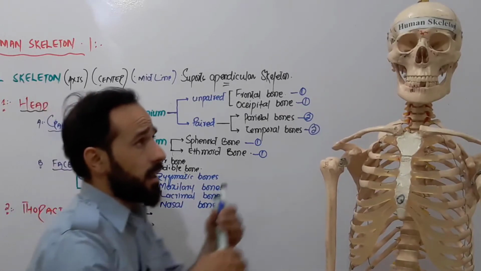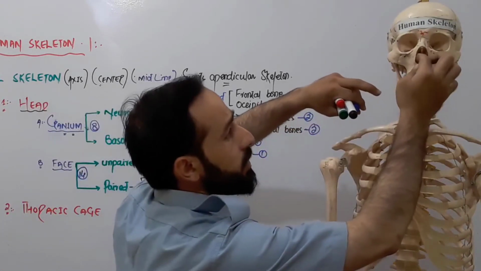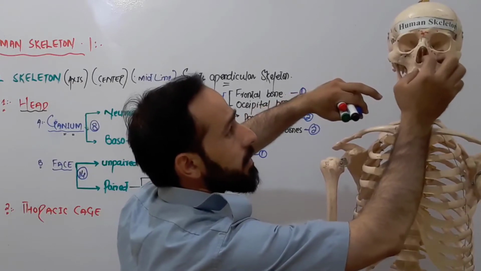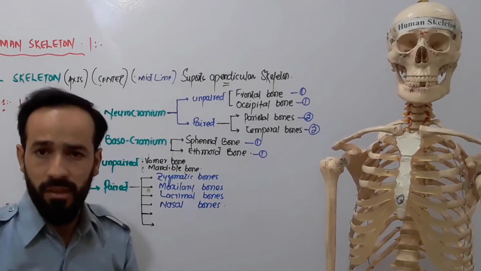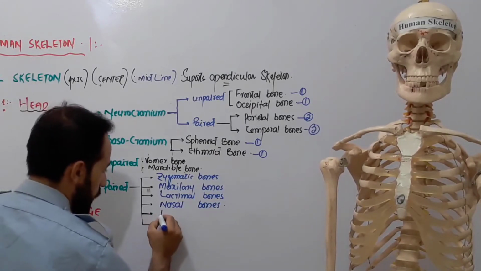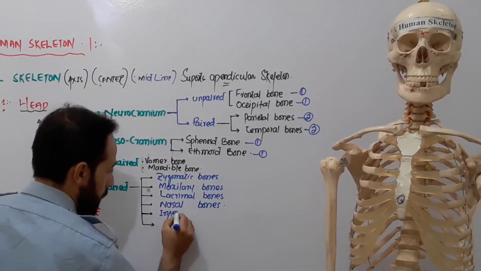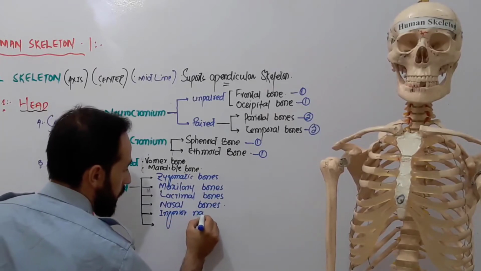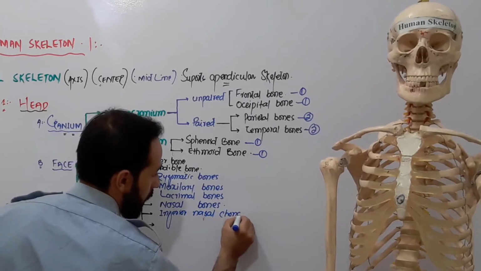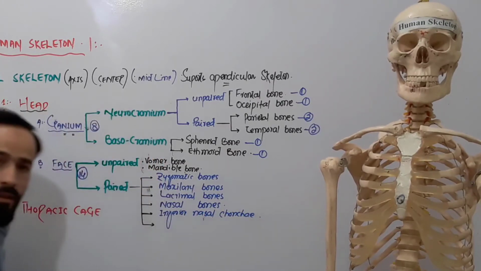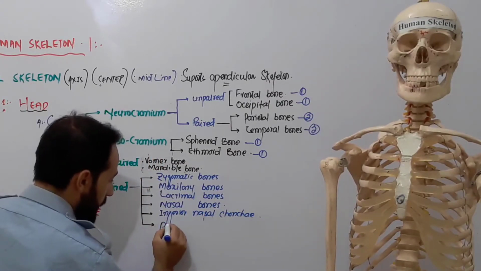And then we have the inferior nasal conchae, right? Inside your nose you have conchae, and what conchae are I will discuss later. So we have inferior nasal conchae, right? And then we have two palatine bones.